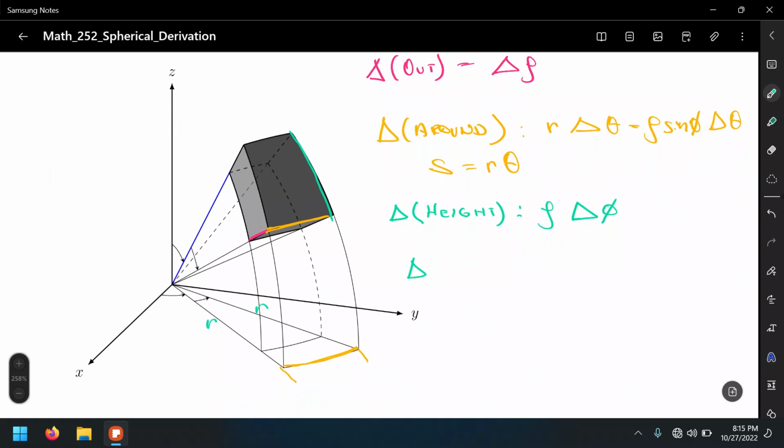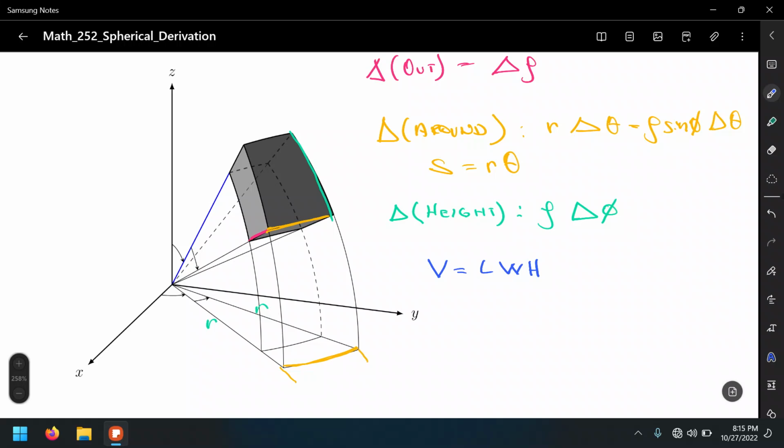So delta V, if you will, number one, in general, volume equals length times width times height.